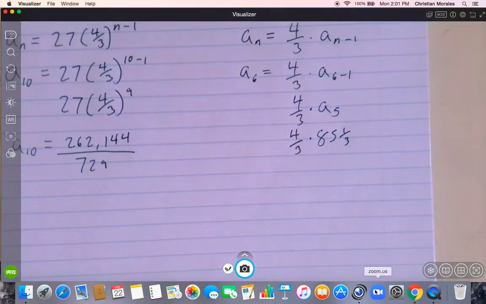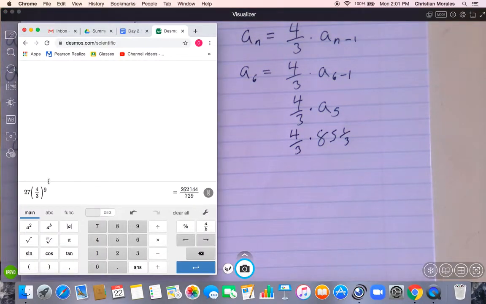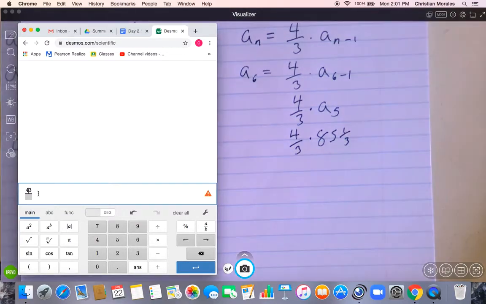So again, you would use a calculator, right? So let me get the calculator out. Let me clear this. Okay, so I do a fraction, 4/3, times 85 1/3.